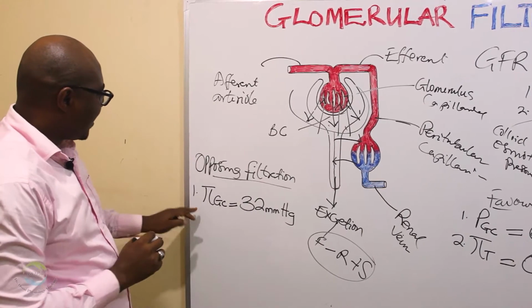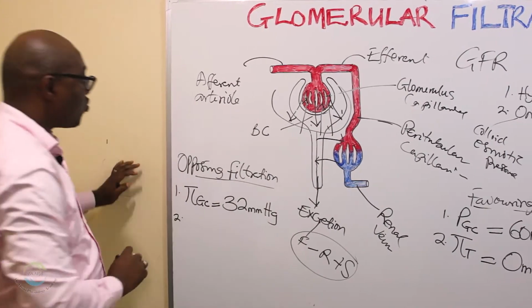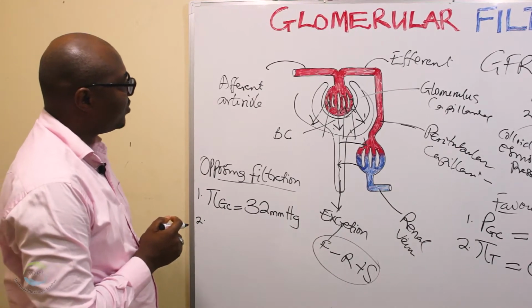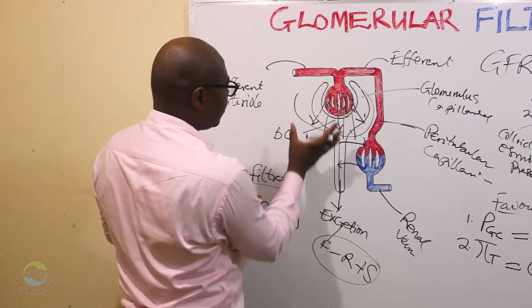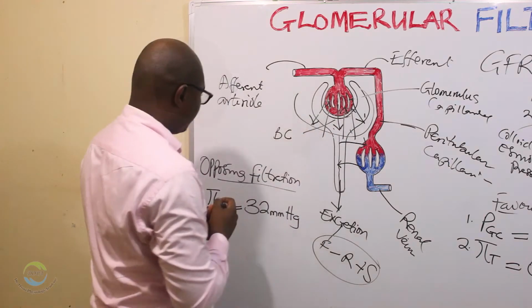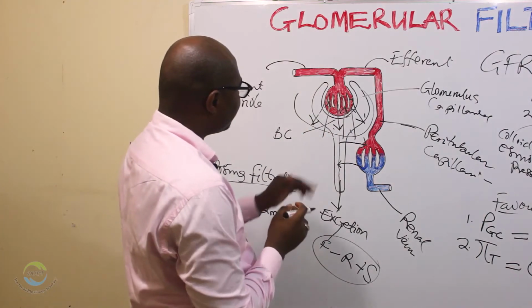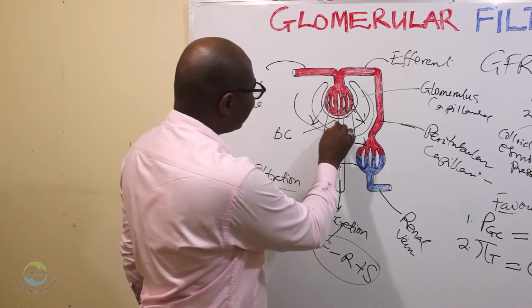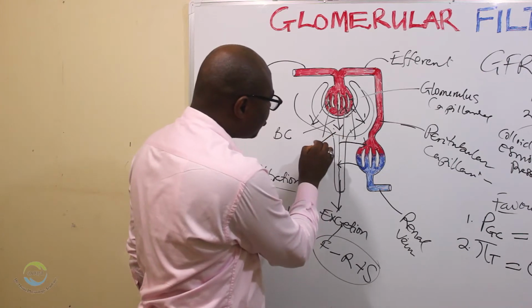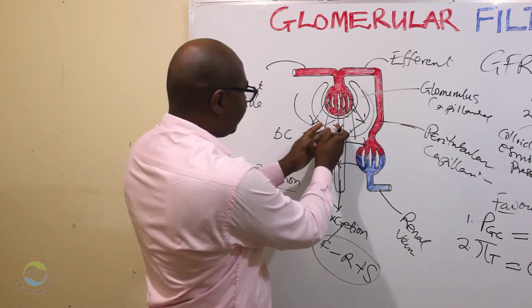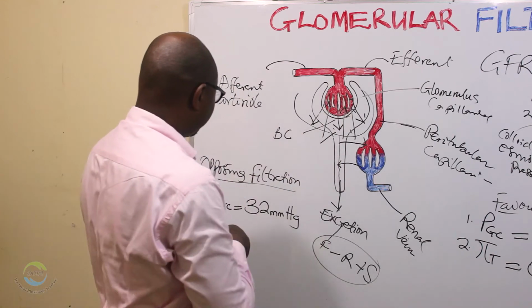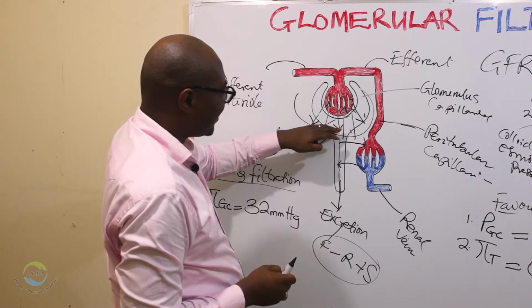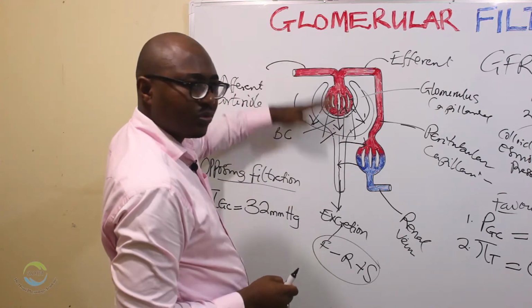Then another one that opposes filtration, what do you think it will be? So the next factor that opposes filtration is the hydrostatic pressure of this tubule. Remember, oncotic pressure takes in, the hydrostatic pressure of this tubule also pushes it.